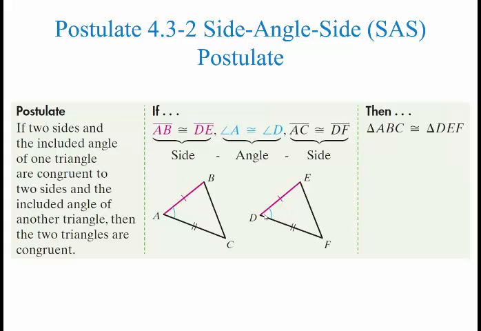So here, if side AB is congruent to side DE, angle A is congruent to angle D, and side AC is congruent to side DF, we can say that triangle ABC is congruent to triangle DEF.